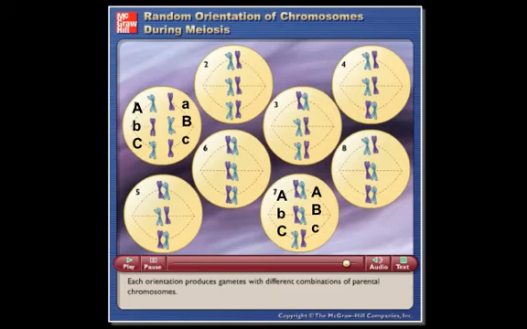In this case, we have 8 cells that are the various combinations of where the chromosomes line up. In our case, we have a total of 8 million different combinations that can be produced based on just which side of the midline of the cell a particular chromosome will match up. So there's a lot of variety that comes from independent assortment.